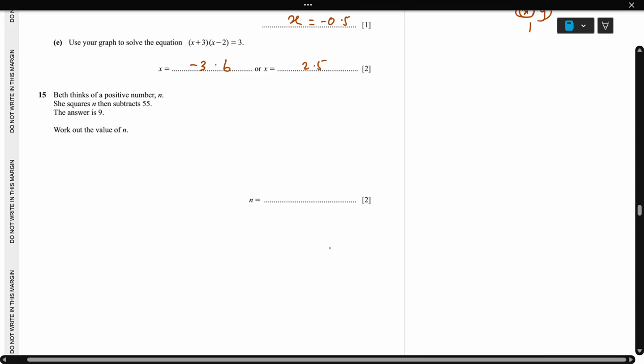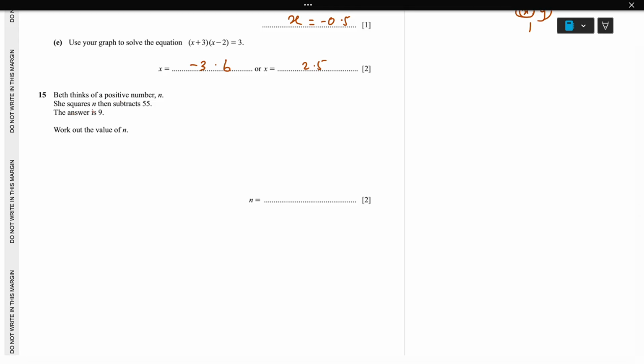Next, question number 15. Beth thinks of a positive number n and she squares n, then subtracts 55, and the answer is 9. So n squared minus 55 equals 9. Now calculating this, bring the 55 to the right side, it becomes positive. n squared equal to 64. n equal to plus or minus square root of 64.